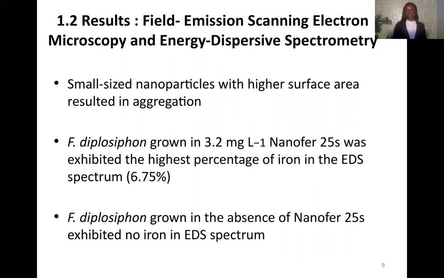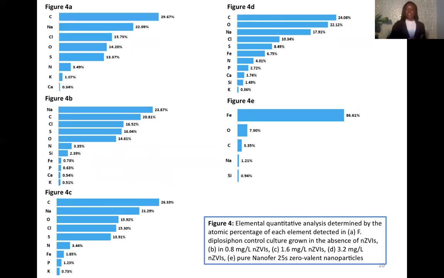Cultures exposed to 3.2 milligrams per liter exhibited the highest percentage of iron in the EDS spectrum, while control cultures showed no iron. We use elemental analysis by atomic percentages as a semi-quantitative method to correlate the nanoparticle concentrations in the control and the treatments.